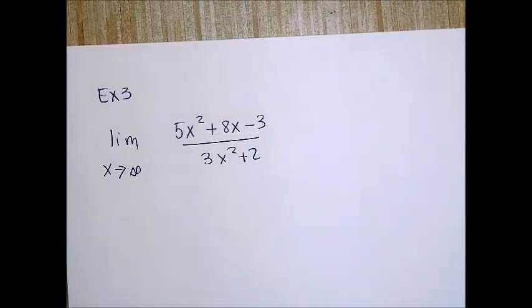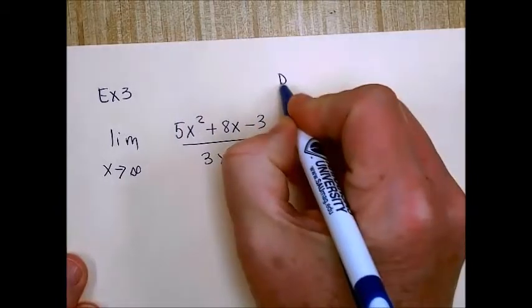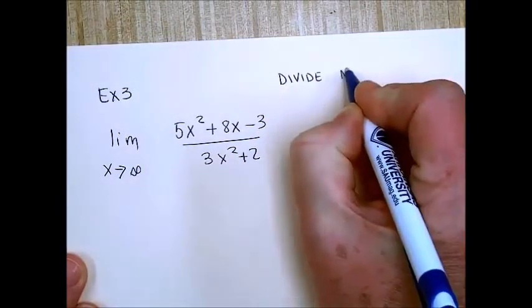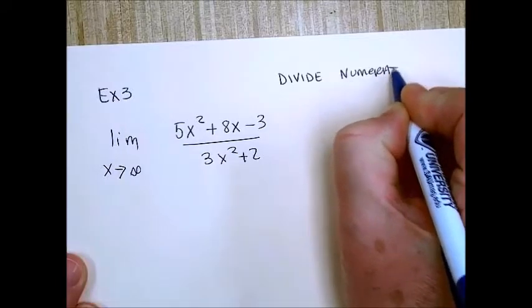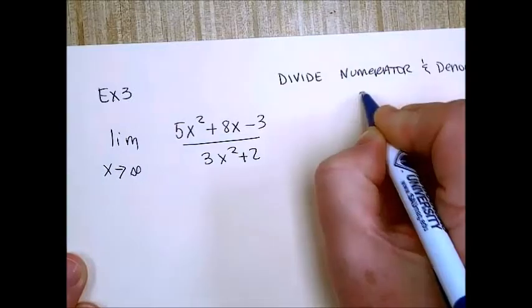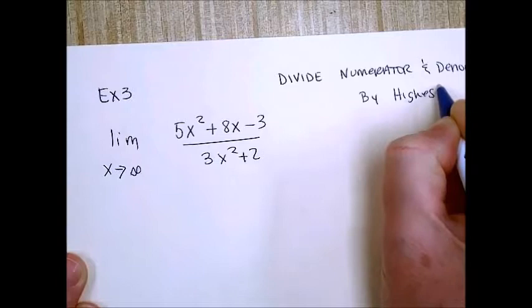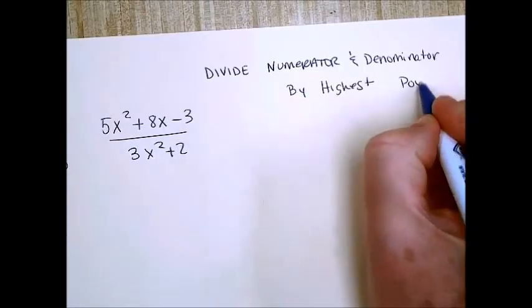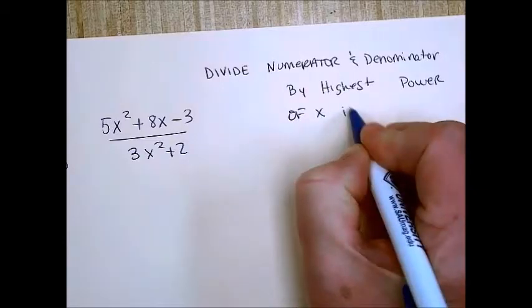Now, to determine the limit of a rational function as x approaches infinity, you've got to divide the numerator and the denominator by the highest power of x in the denominator. The result then depends on the degrees of the polynomials involved. So, you must divide the numerator and the denominator by the highest power of x in the denominator.